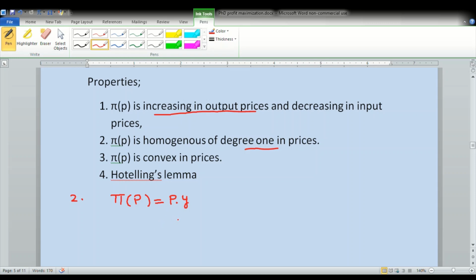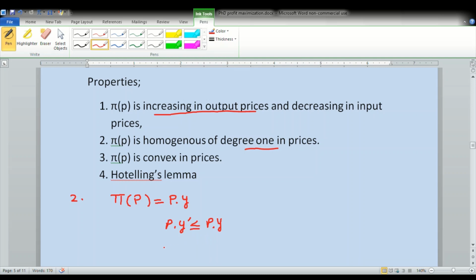And this is like saying that p dot y dash is equal to or less than p dot y for any net put vector other than y, that is y dash. Profit is less at price vector p.